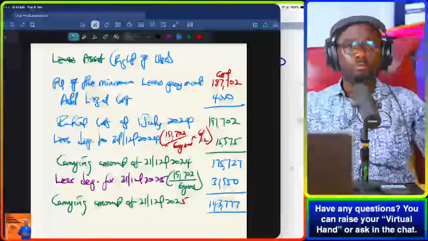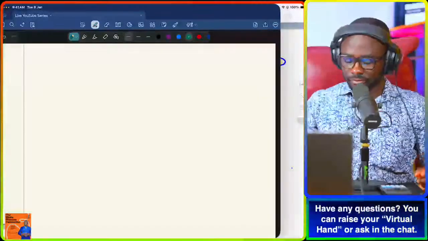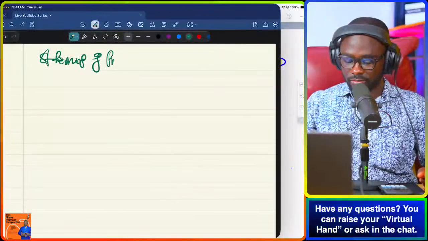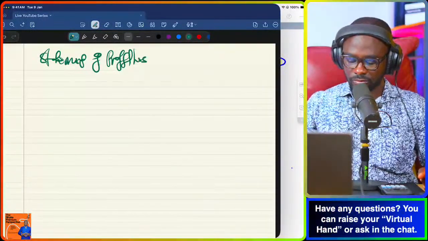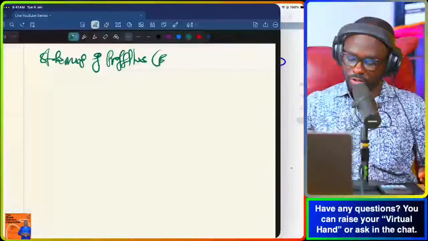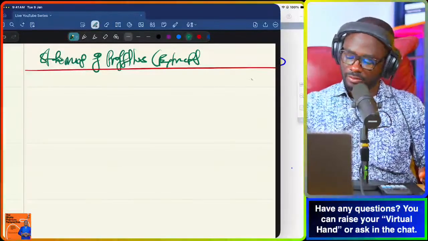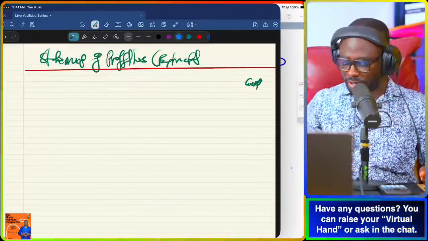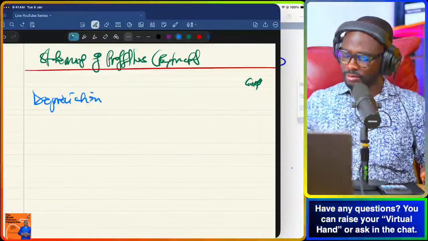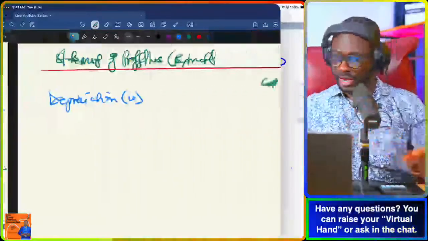And so if we then put the two together, then for Jamal, statement of profit or loss for the year ended, which is going to be an extract, will have the depreciation on the right of use asset, which is 31,950.